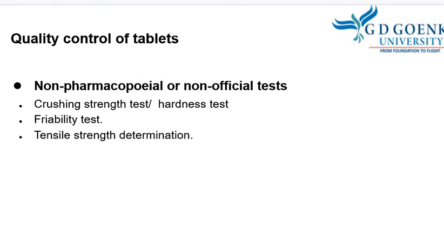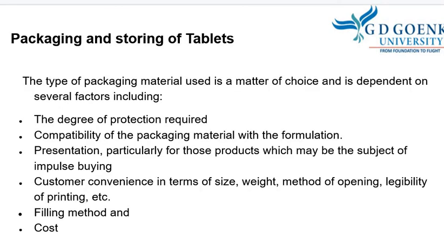The other non-pharmacopoeial tests include crushing strength, friability test, and tensile strength determination. Finally, after testing as per the pharmacopoeial monograph or general chapters in the pharmacopoeia, the tablets are approved and sent for packaging.